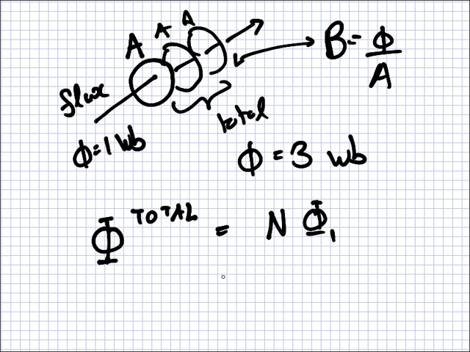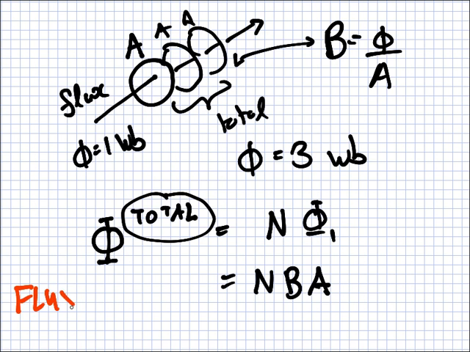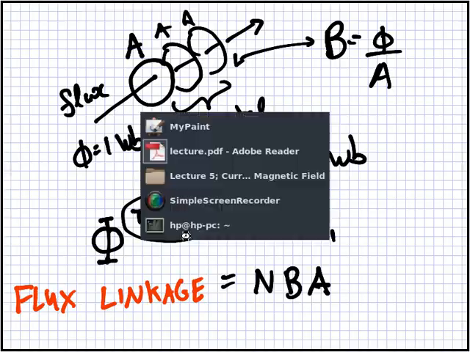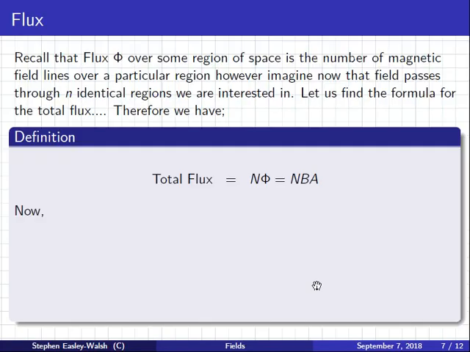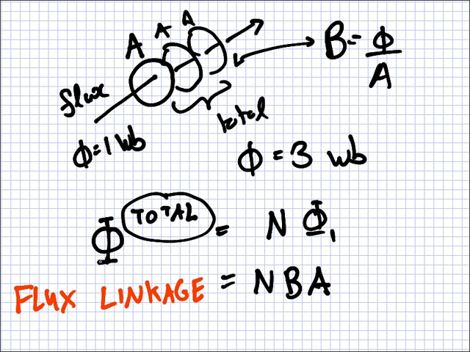So we can just change this into NBA, like that. Now we don't call this total. We have a special name for it. We call it the flux linkage. Now let me just see if I have it here. Yeah, actually maybe this is better to write down.